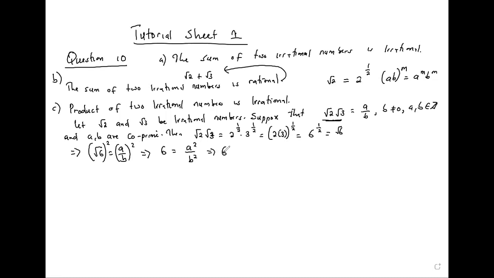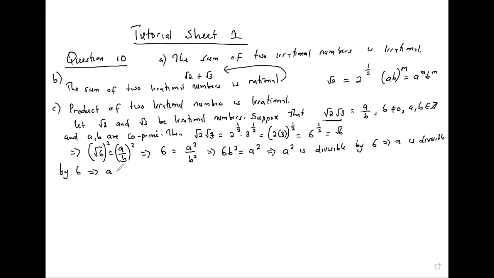This implies that 6b squared is equal to a squared. Then we use the statement that a squared is divisible by 6, which implies that a is divisible by 6.